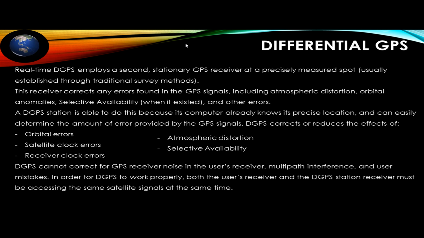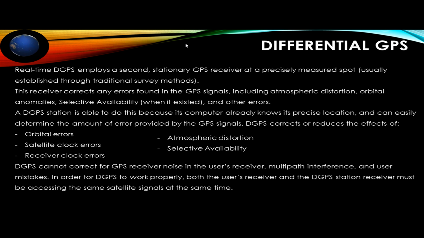Orbital errors means when it tracks the location, the navigation is proper, so no orbital error can impact the data or the location we are tracking. Satellite clock error means the master or control segment is taking care of the exact timing, real time. The receiver clock also means that we are getting and tracking the information, and it is accurately maintained.